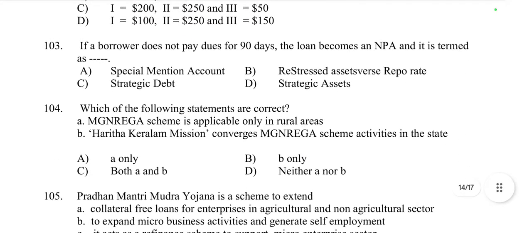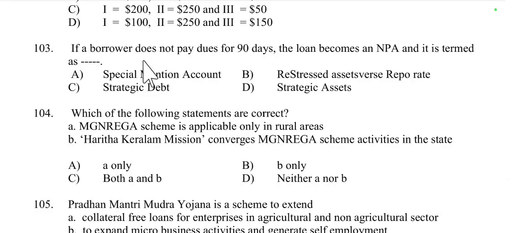Then question number 103. If a borrower doesn't pay dues for 90 days, it is called an NPA, non-performing asset, and the loan becomes an NPA. It is termed as special mention account, restressed asset versus repo rate, or strategic debt or strategic asset.